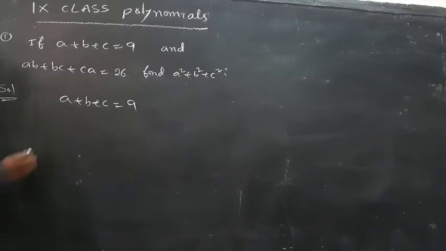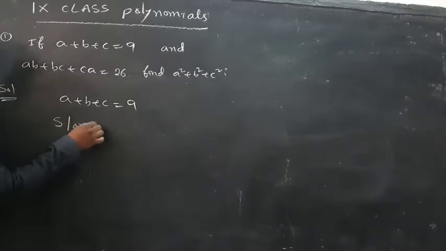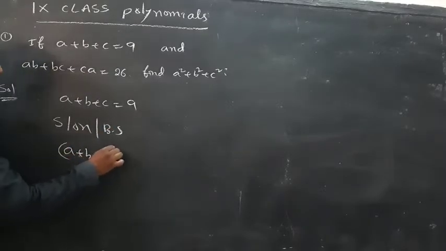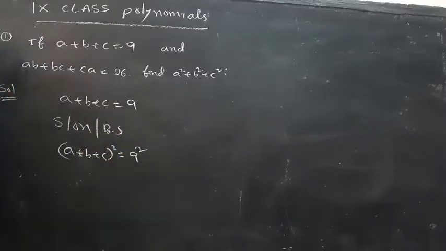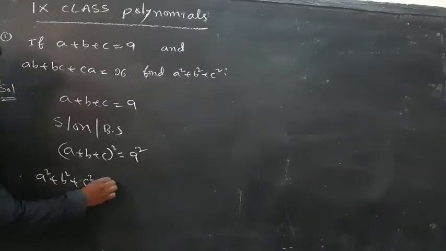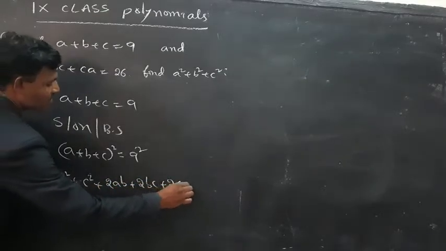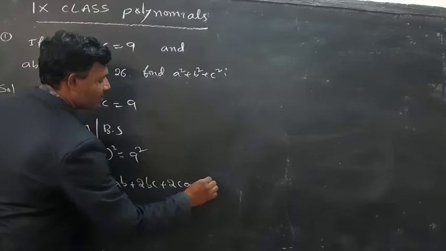So what am I doing here? I am squaring on both sides. Squaring on both sides means (a plus b plus c) whole square is equal to 9 square. Already we know the formula: a square plus b square plus c square plus 2ab plus 2bc plus 2ca is equal to 81.